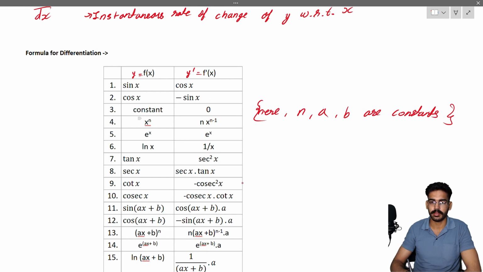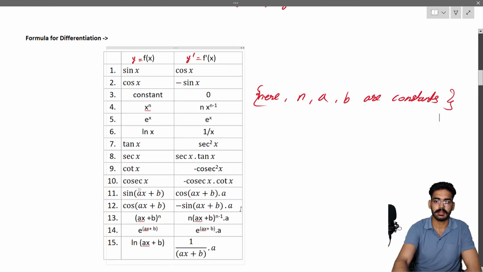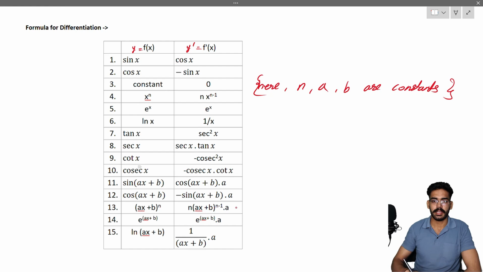The power got reduced by 1 and n came in front in multiplication. e to the power x differentiation is as it is, e to the power x. ln x differentiation is 1 by x. tan x differentiation is sec square x. sec x differentiation is sec x into tan x. cot x differentiation is minus cosec square x, and cosec x differentiation is minus cosec x into cot x.